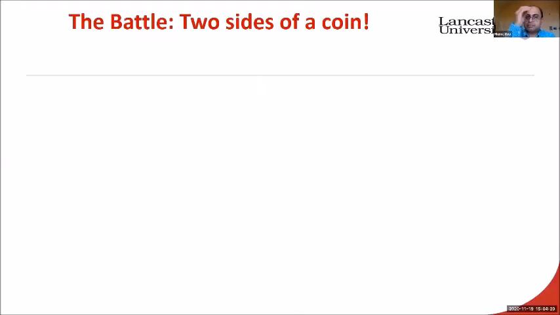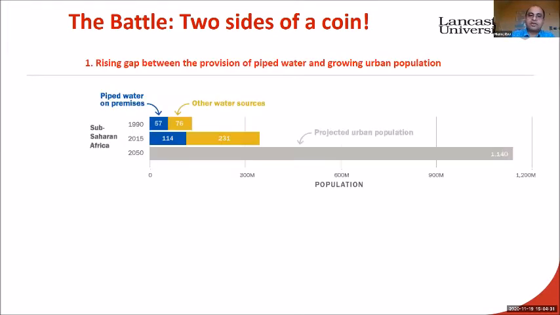Let me first begin by saying that the battle that we have been talking about, and other colleagues are also talking about, is in fact two sides of a coin. The first side is the recognition that there is, has been, and will be a rising gap between the provision of piped water and the growing urban population. That was quite vivid in Charlotte's presentation. We do not necessarily talk about water when we talk about sanitation, and we do not necessarily talk about sanitation when we talk about water.